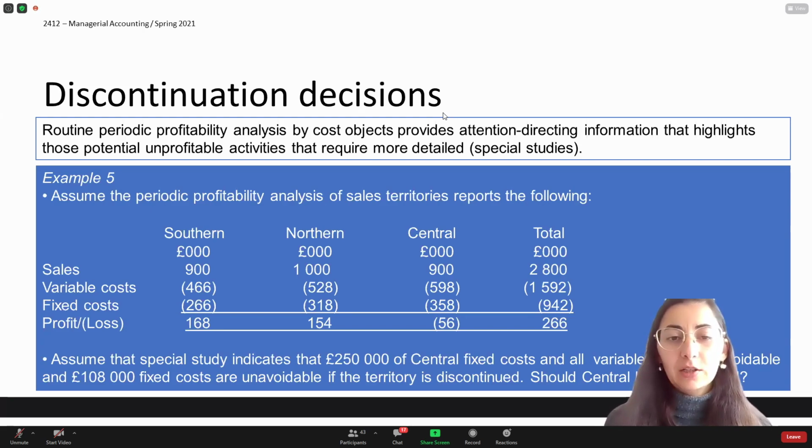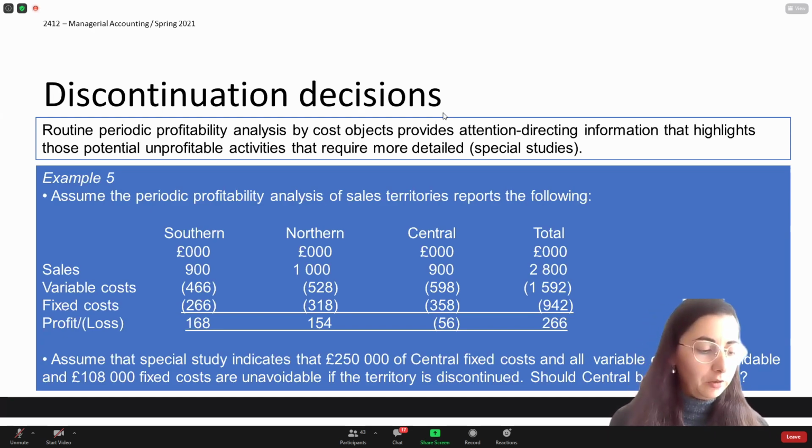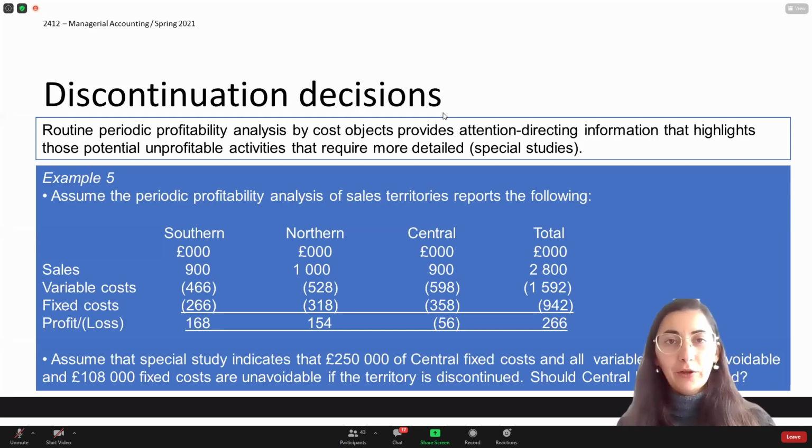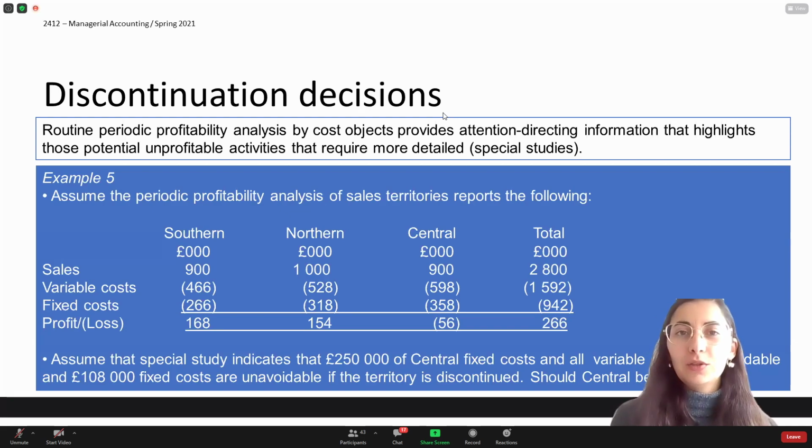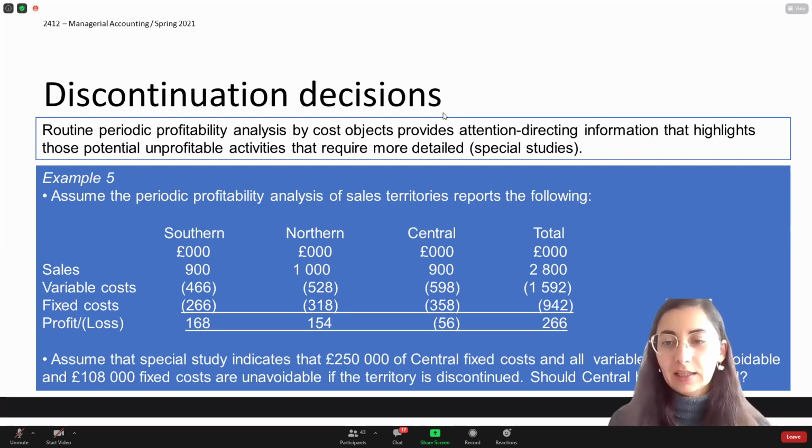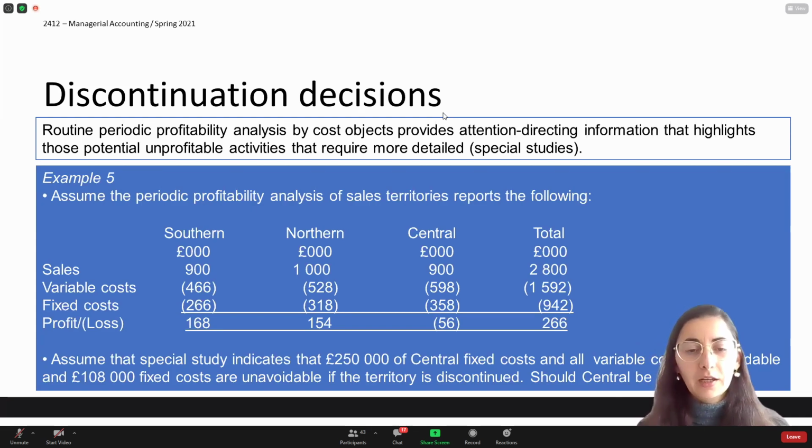If we keep Central, the loss is just 56,000. So obviously, if we keep Central, we have a lower loss. We have a loss, but it's lower than if we discontinue Central. So in this sense, we should not discontinue. Very good. Any questions on this? No questions? Everyone's ready to move to the next one?